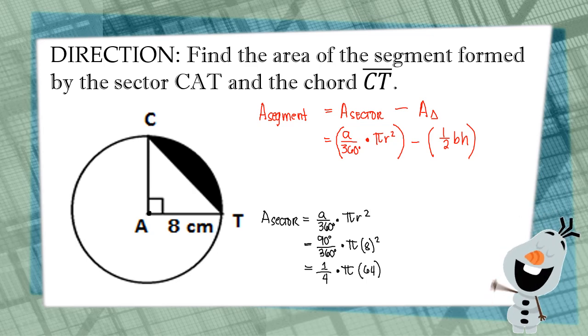Now, what is 1/4 of 64? 1/4 of 64 is 16. So that means 16 pi.